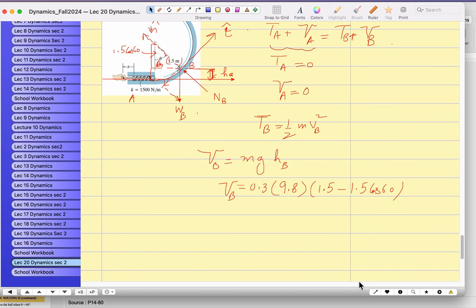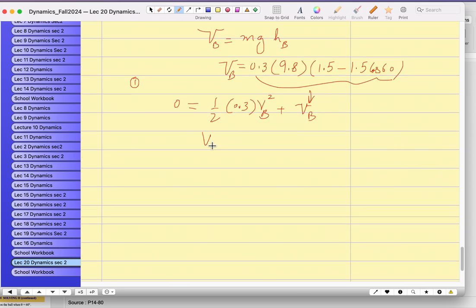That is my objective. If you do the math here, the left hand side is 0, the right hand side is half times 0.3 times v sub b square, plus everything over here, big V sub b. So if you solve for this, you have just one unknown, small v, velocity, one unknown, one equation, you get this answer.